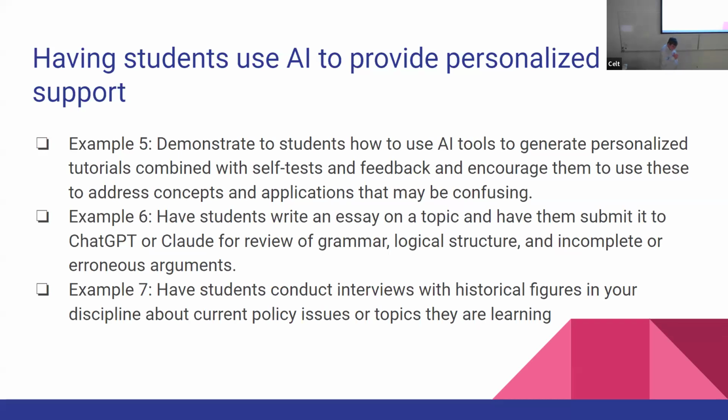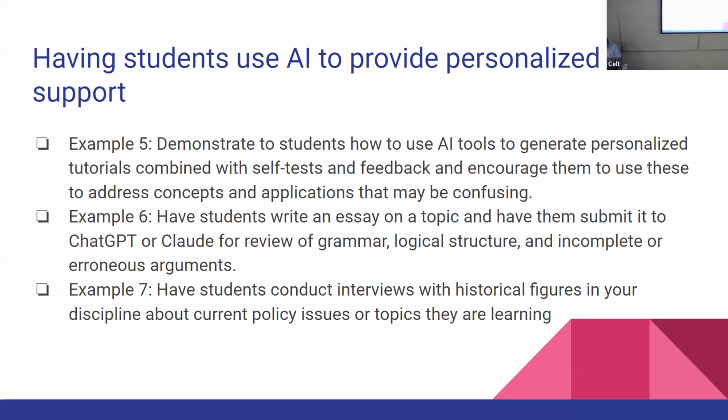But students can often get hung up on some concepts that they're not quite getting. These are all prompts on this screen and the next one that students can use to help create some personalized tutoring and personalized support. What I'd like you to do is just try some of these and then report back to us on how it works.